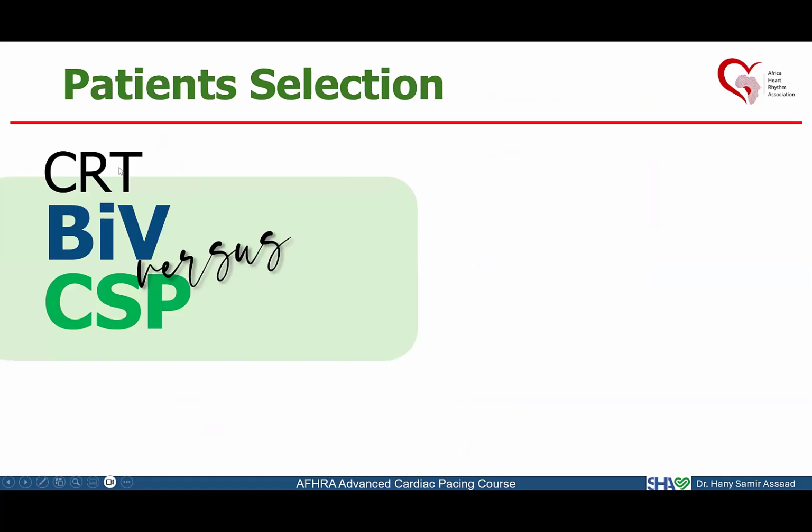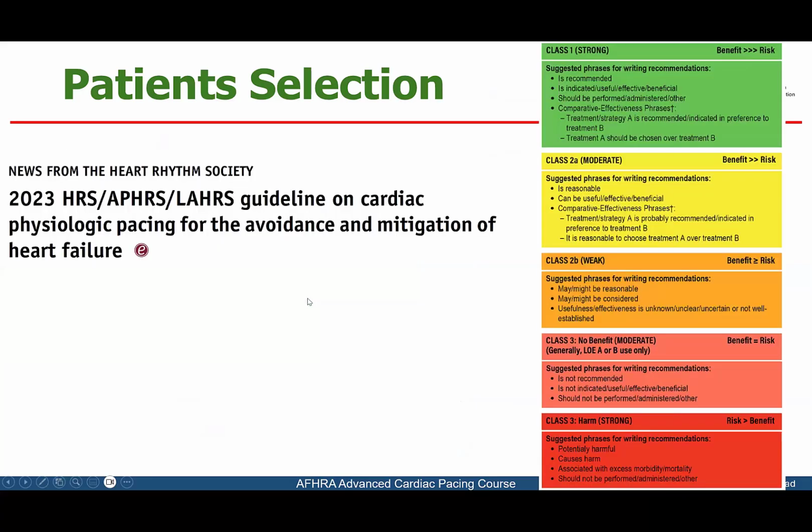So yes, cardiac resynchronization: biventricular pacing versus the new era of conduction system pacing. Maybe one of the best papers or evidence we have is the 2023 guidelines from HRS, APHRS, and the Latin American HRS on cardiac physiological pacing for the avoidance of heart failure.